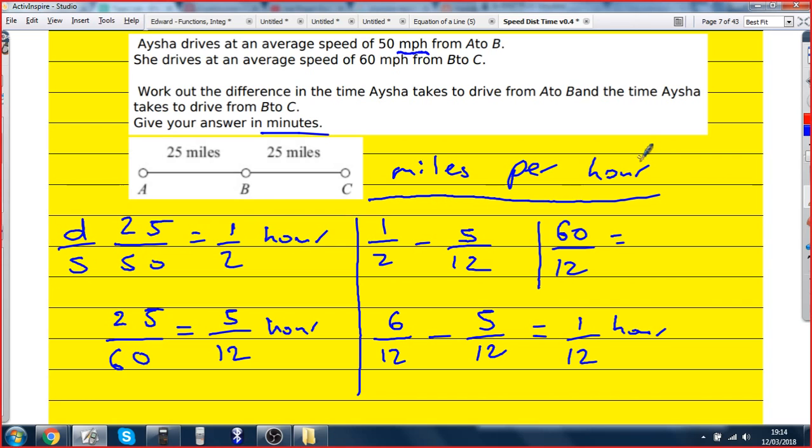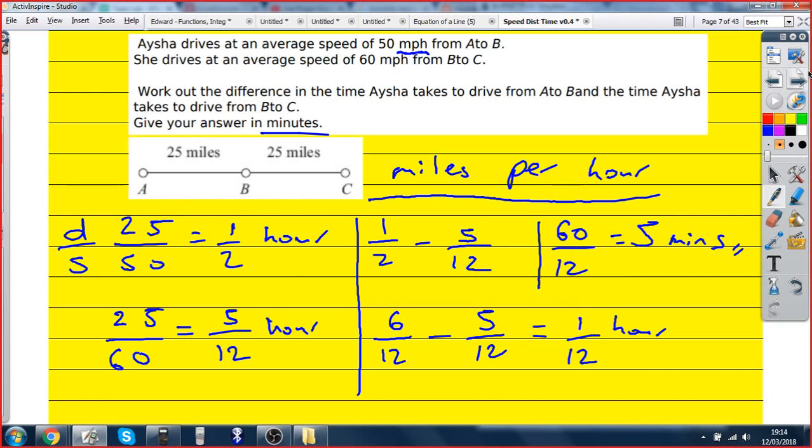Then you get 5. Yep. 5, and they said it was minutes. Yeah, so basically a half an hour is 30 minutes. 5/12 of an hour must be 25 minutes. And so when you subtract one from the other, you get 5 minutes. Or 1/12 of an hour is 5 minutes.